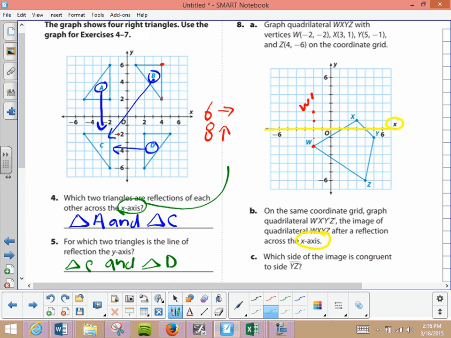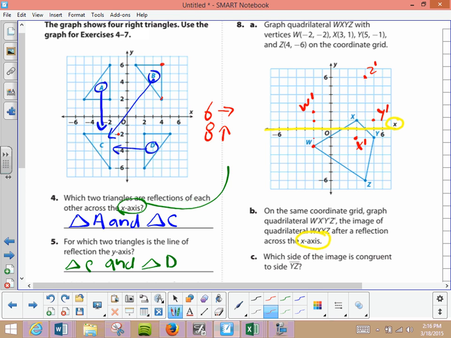Where is it? 6 up, right? On the same line. So it'll be right here. And we call it Z prime, right? What about Y? 1 right across, right? And it's Y prime. What about X? It comes down, right? X prime.